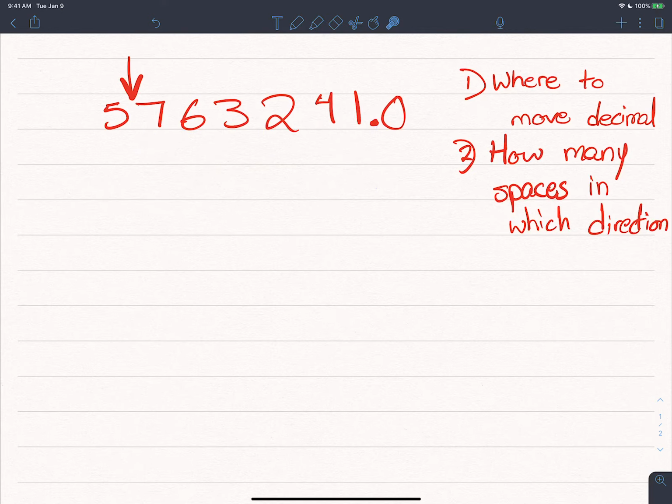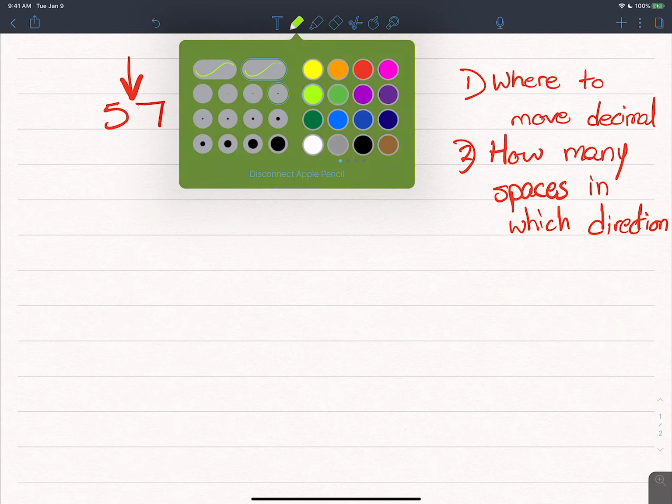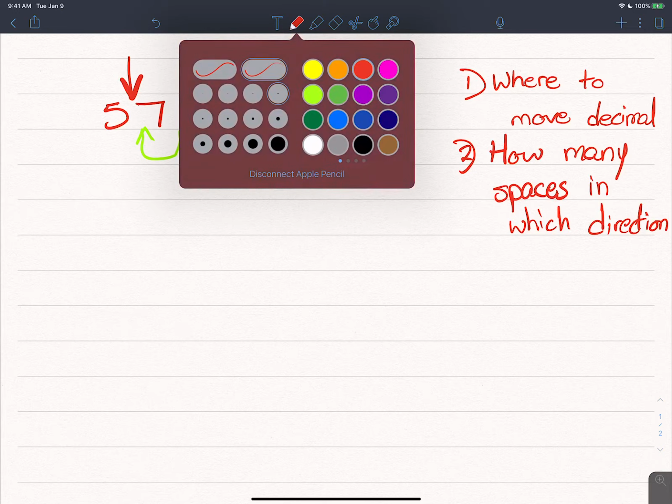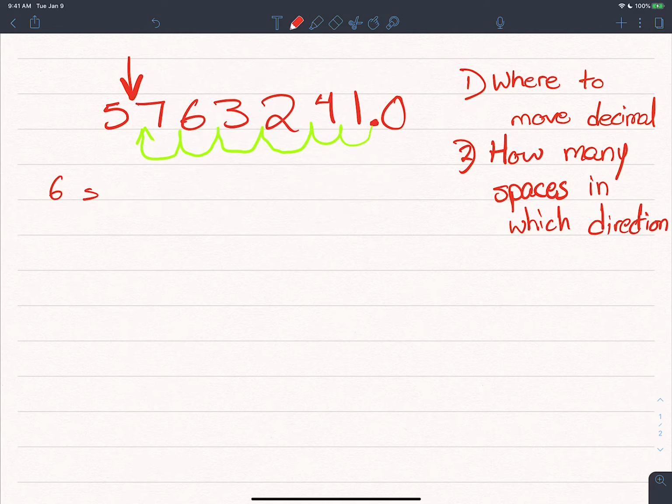How many spaces in which direction? So we went, and I'll write it permanently here, 1, 2, 3, 4, 5, and 6. So we went 6 spaces to the left. Right? And both of those things will be important.